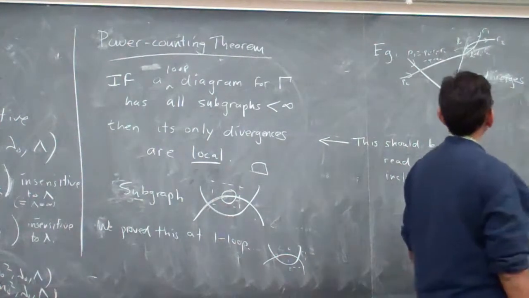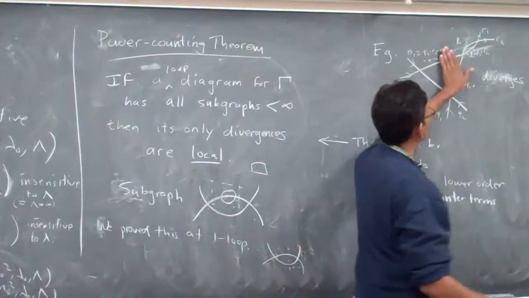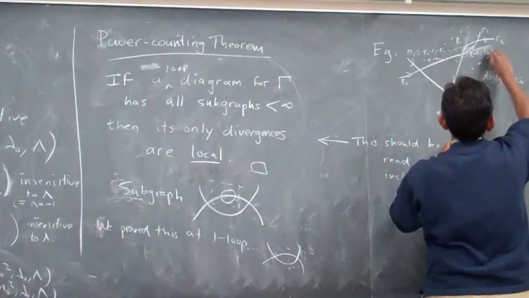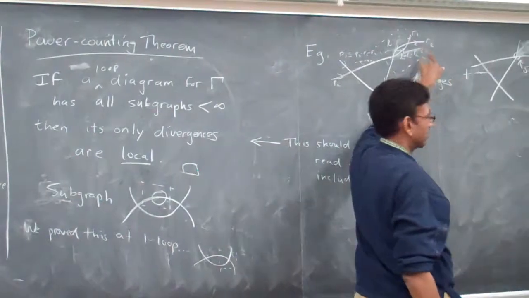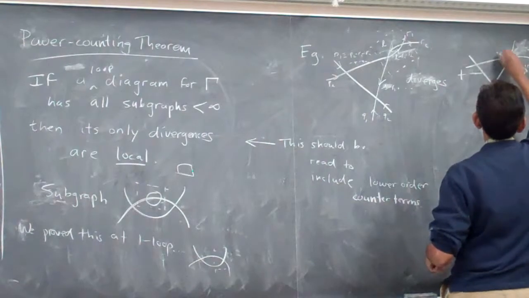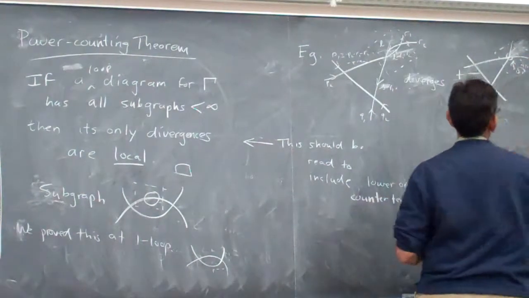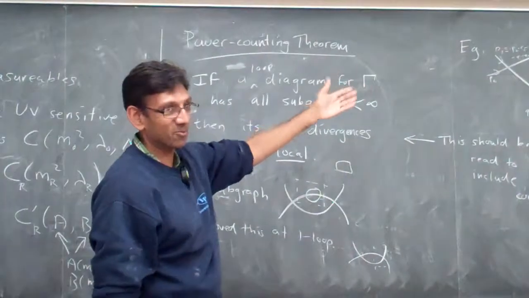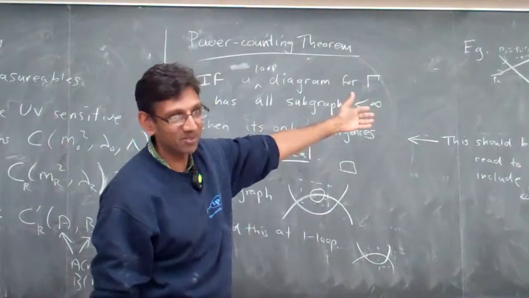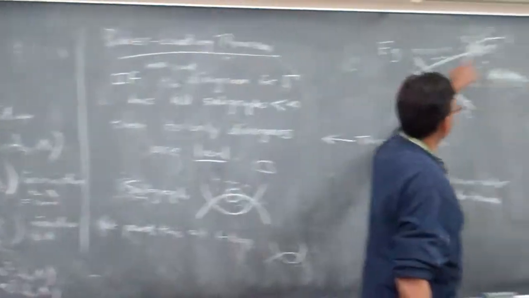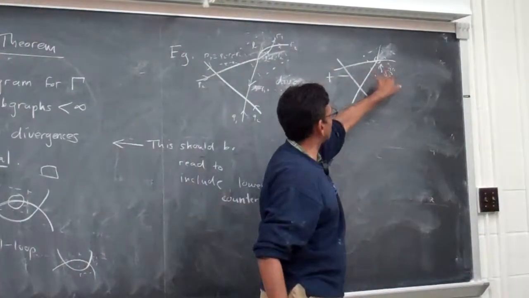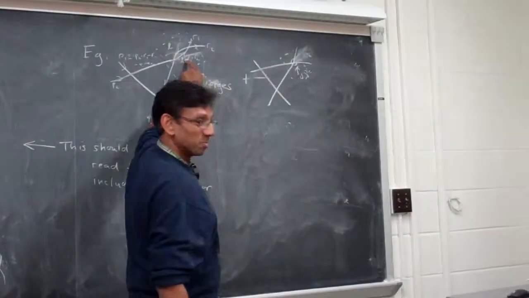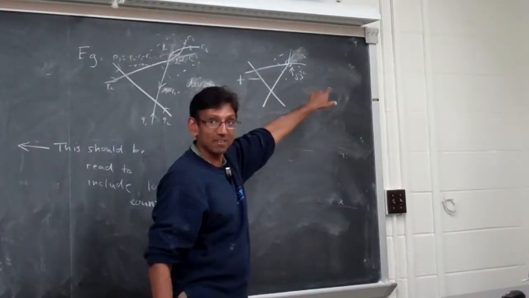Okay. Because then this subgraph, which is irritating us by being divergent, we should add, when we say the subgraph, we should include the counterterms that would also be there in that subgraph if we added those diagrams together. Okay. This plus this, well, this delta lambda was chosen at one loop so that this thing would be finite. This plus this would be finite.